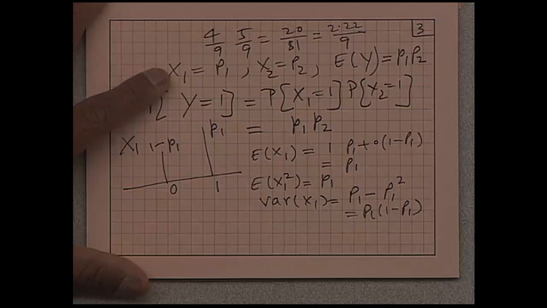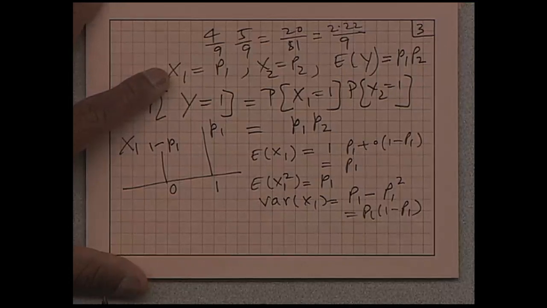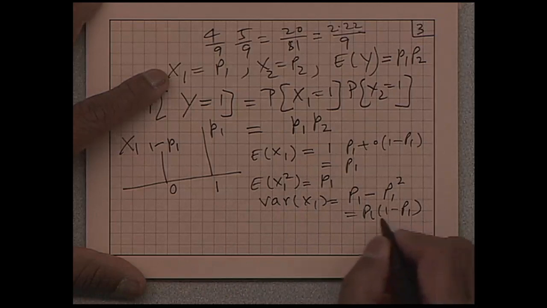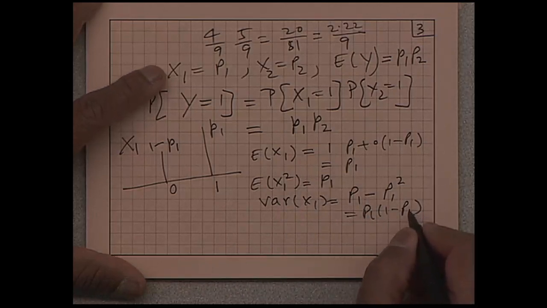So that's the variance of a Bernoulli random variable, which is P1 times Q1, or 1 minus P1.